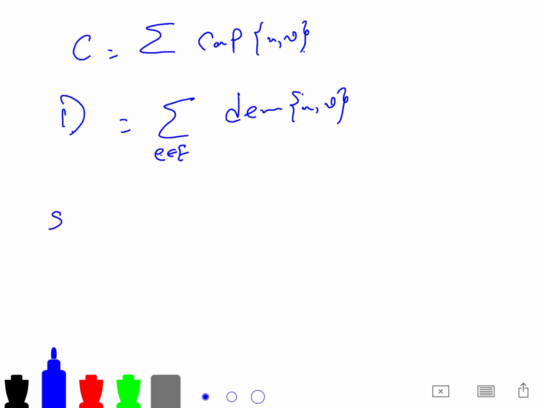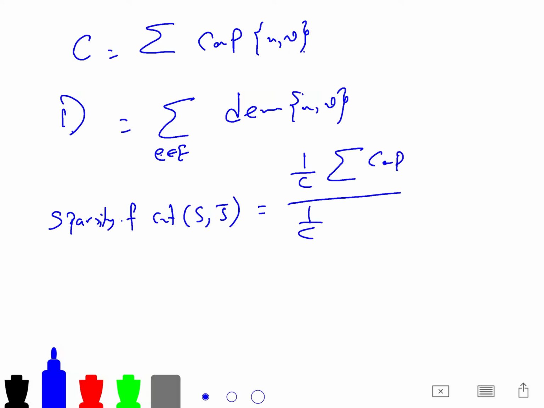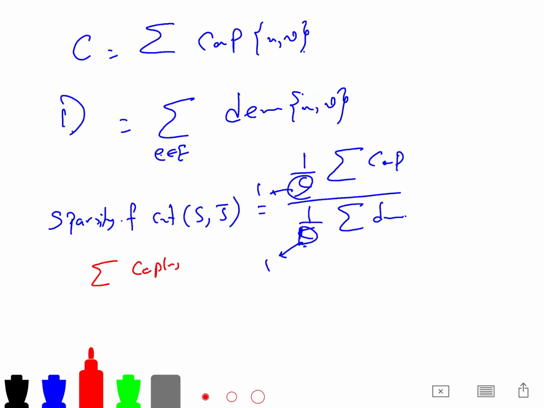And the sparsity of cut S and S bar is just 1 over C capacity, 1 over C demand. Because we assume that this demand is 1, C is 1, so we just need to minimize the capacity of U and V divided by the demand of U and V.